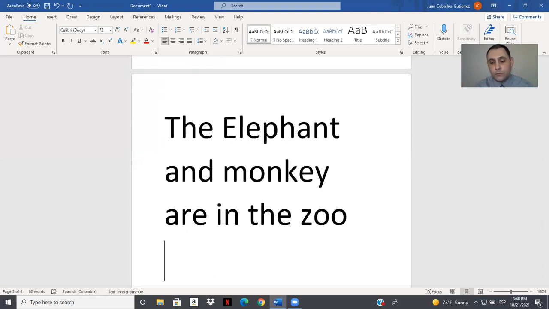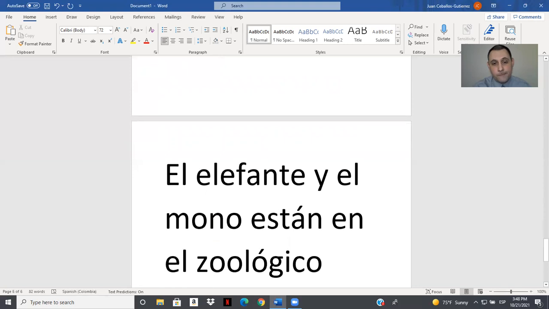They are in the zoo. In Spanish, we don't say that. Okay. And this is what we do in Spanish. We don't usually replace the subject in a sentence if it's an animal or thing. We just leave it as it is. So in Spanish, we wouldn't say they, we will say the elephant and the monkey are in the zoo.